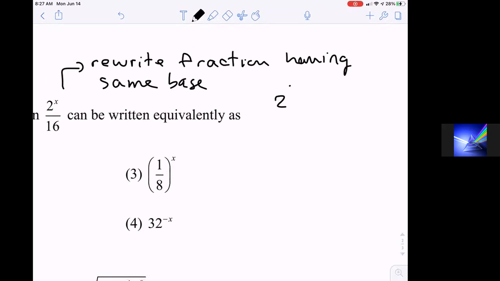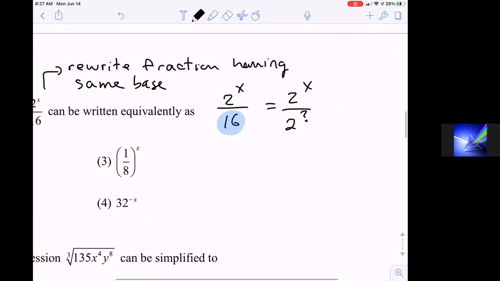So this is 2 to the x power over 16. I'm going to rewrite 16 as 2 to the something power. Now, what 2 to the what power is 16? Yeah, it's 4. 2 to the 4th power is 16.